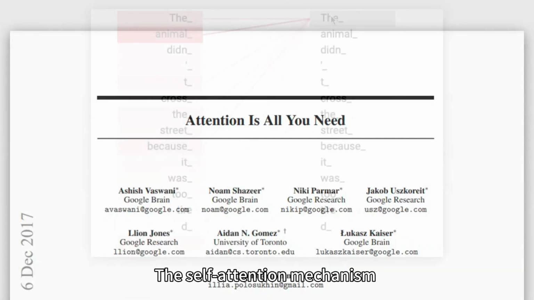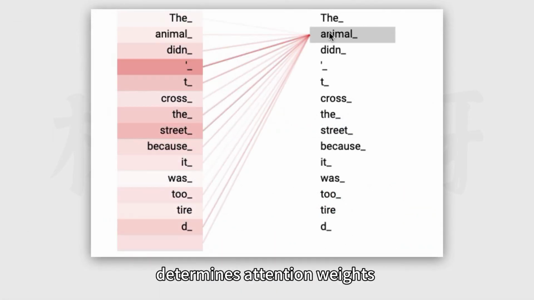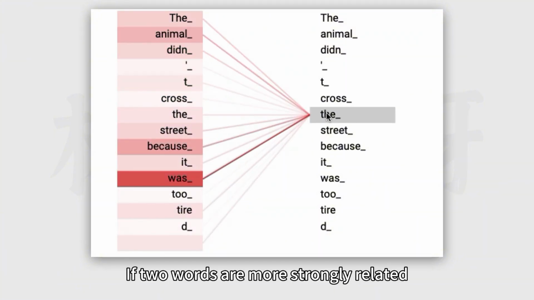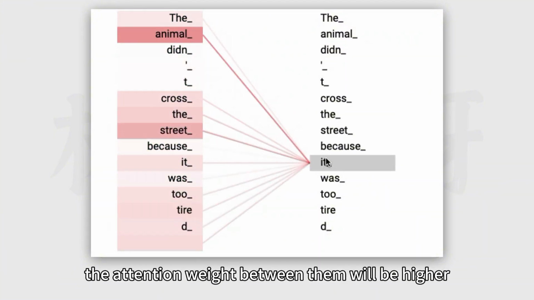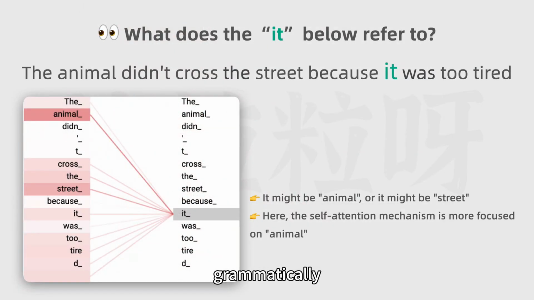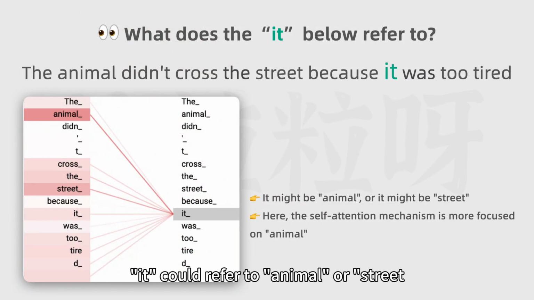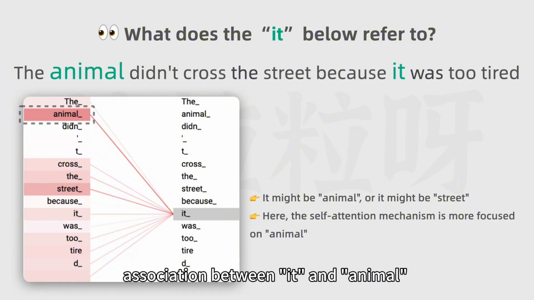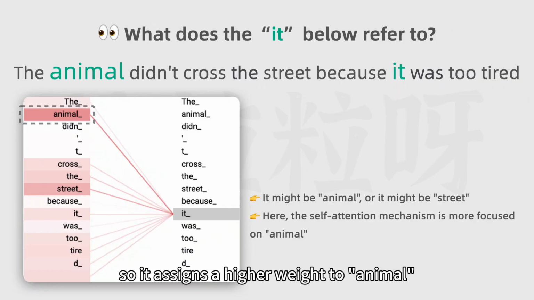The self-attention mechanism determines attention weights by calculating the relevance between each pair of words. If two words are more strongly related, the attention weight between them will be higher. For example, in this case, grammatically, it could refer to animal or street. The self-attention mechanism discovers a stronger association between it and animal, so it assigns a higher weight to animal.